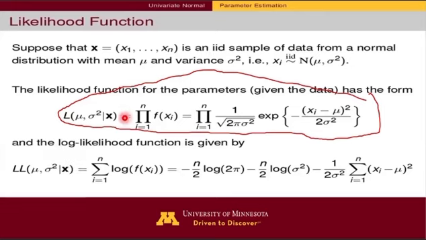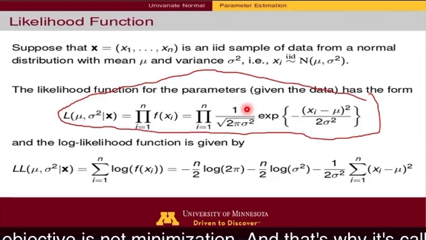Now, this is multiplicative. Please pay attention. What I have right now is multiplicative. Seeking the maximum likelihood means I actually want to optimize this. My objective here is maximization, not minimization.